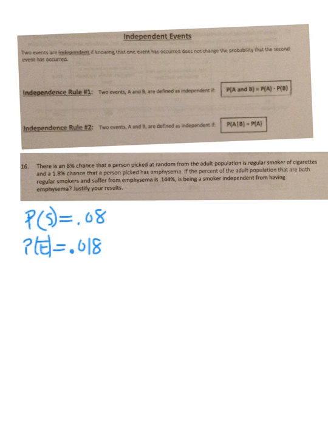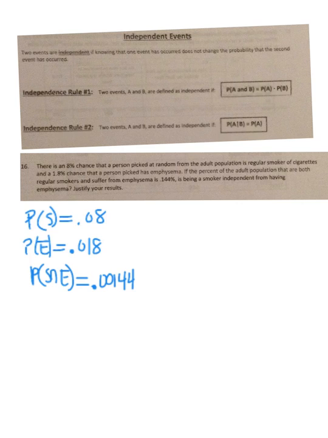If the percent of the adult population that are both regular smokers and suffer from emphysema is 0.144%, so they gave us both. So that's your overlap, if you were doing a Venn diagram. So the probability of a smoker and emphysema is going to be 0.00144.